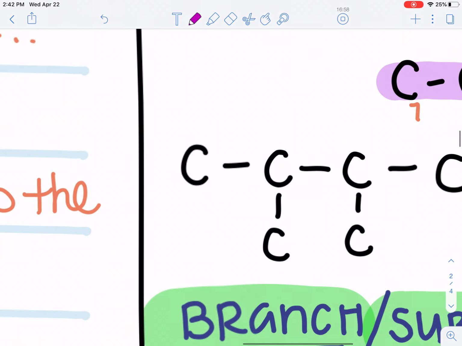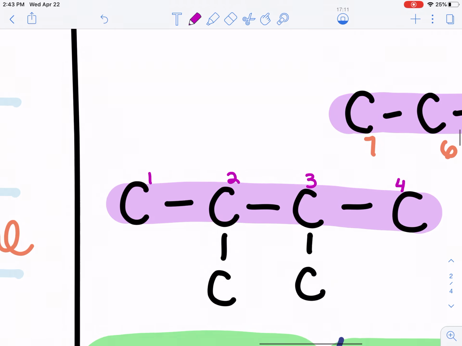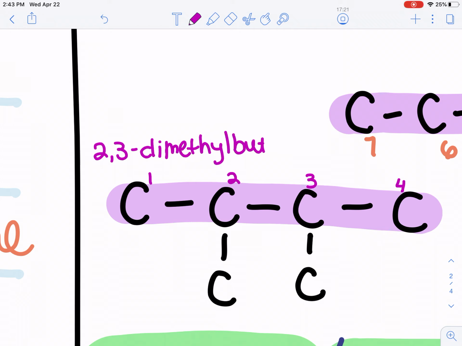What else? Let's go down here. Longest chain. 1, 2, 3, 4. In this case, I could number from left to right or right to left, and my branches are going to end up with the same numbers. So this becomes 2,3-dimethylbutane.